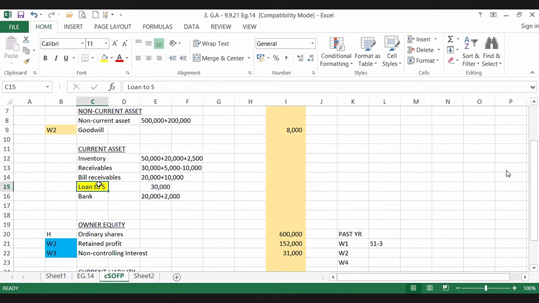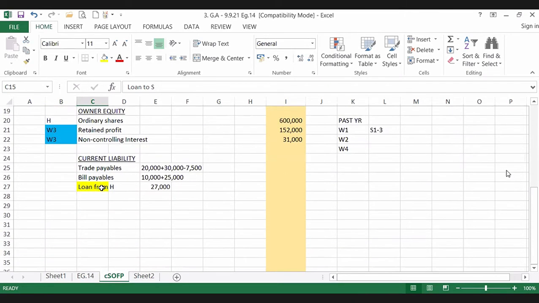So it means that S is their borrower, their debtor. That's why he records it as asset. And in current liability, you have a loan from H. Go back to the question. In whose column? In the subsidiary column. So it means that holding lent to the subsidiary. So subsidiary borrowed money from the holding.